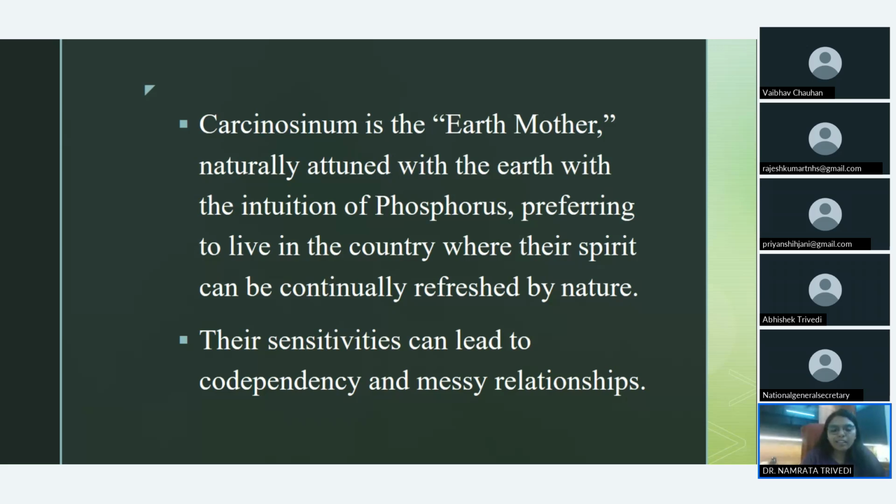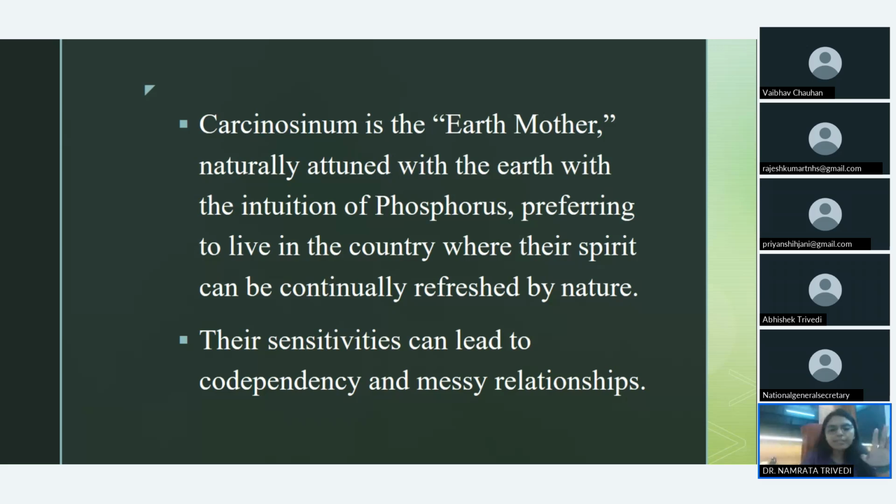There is sensitiveness. You can see the Carcinosin patient is very sensitive, wants to do things for others, wants to be happy, wants to live for others. So the Carcinosin patient is very sensitive, which can lead to codependency, meaning living for others, with no internal emotion.